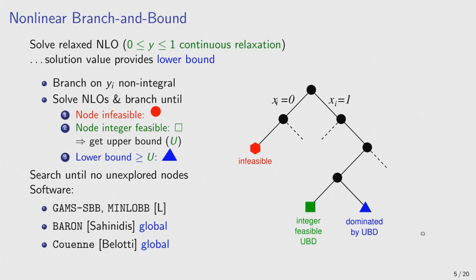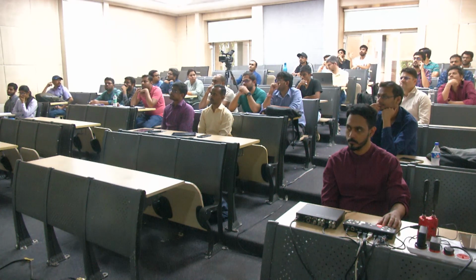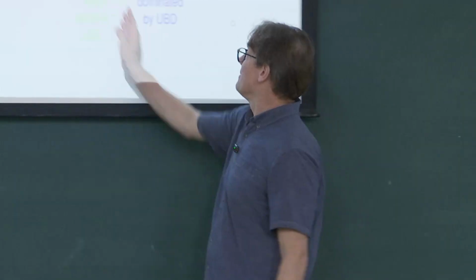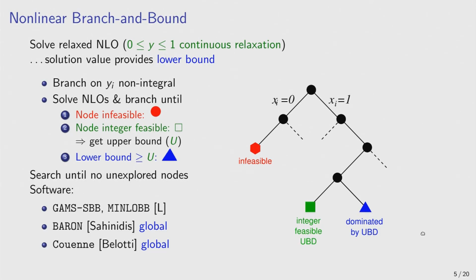Do you know why it's an upper bound and not the global solution? Anybody? Yeah, there could be somewhere else in this tree, this is a big tree, there could be another solution that's better. Yeah. So, but it gives us an upper bound, and we're going to use this upper bound to try to prune or remove other nodes from the tree.